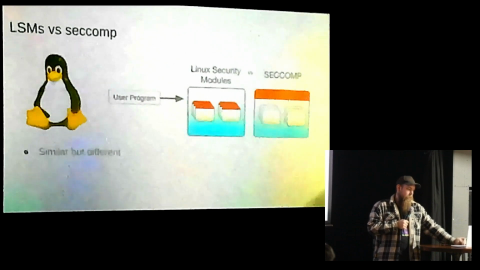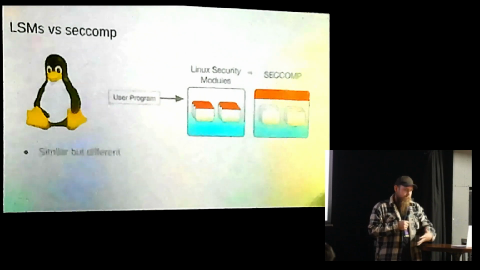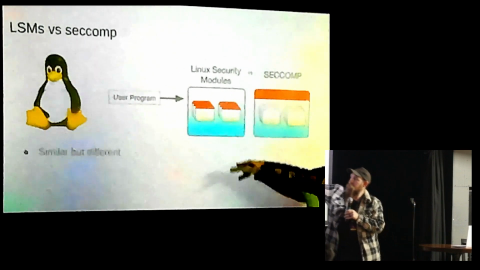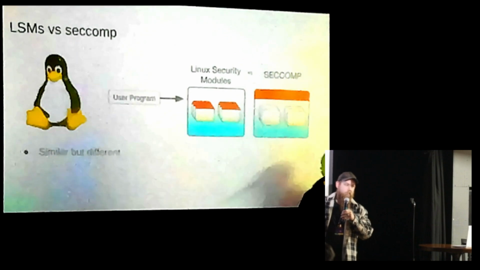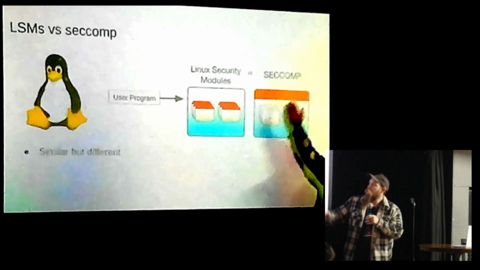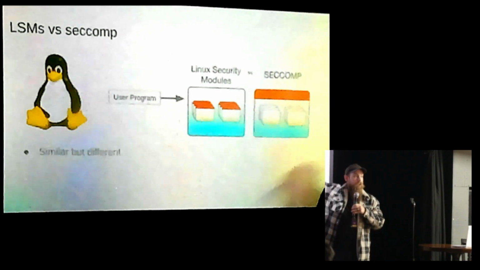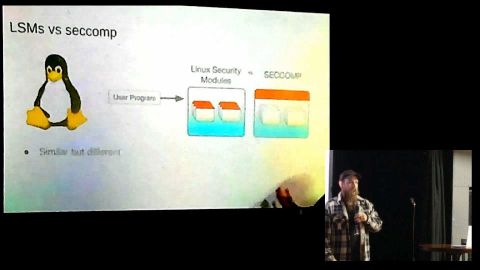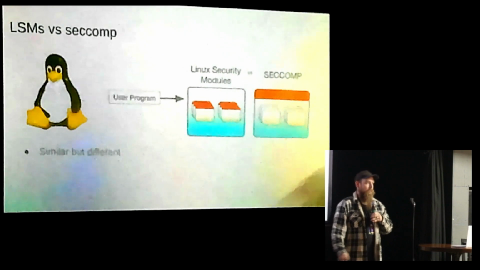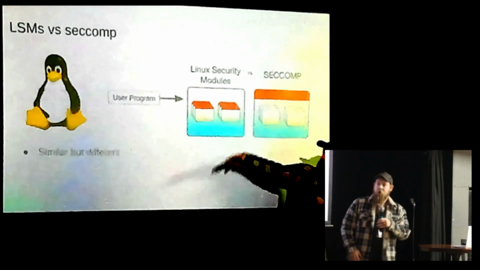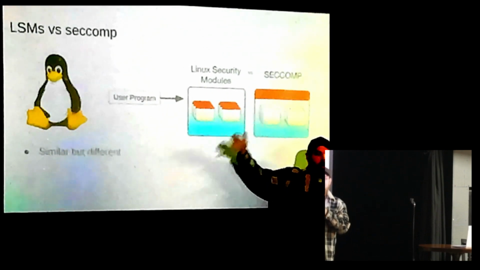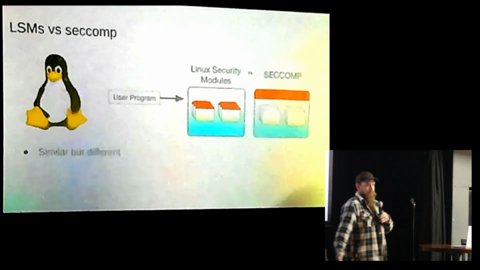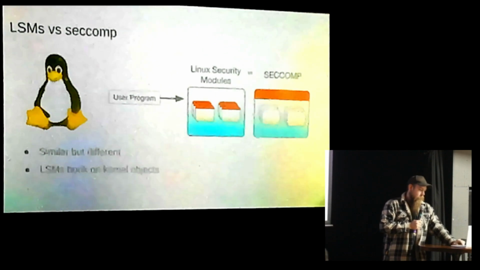When a user program actually asks to do something, you can either have it be specific to individual resources within the kernel, or you can try and limit it when it talks to the kernel, where it says, if you talk to the kernel in this way, you can't, go away, or you get killed, or similar. Versus, I can talk to whatever I want, and then I'm going to do something when that happens. So those are the two different models.